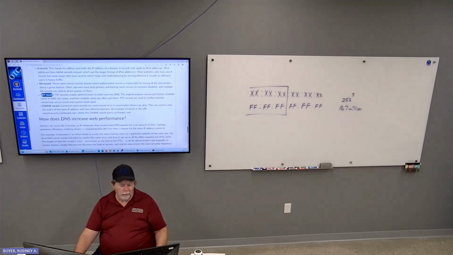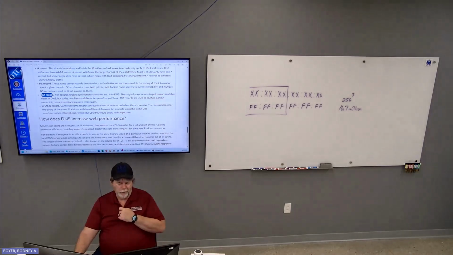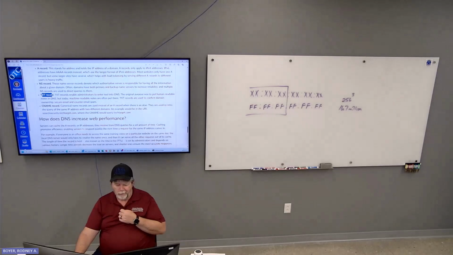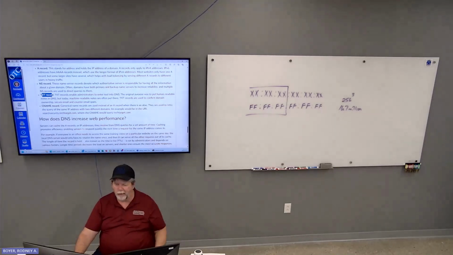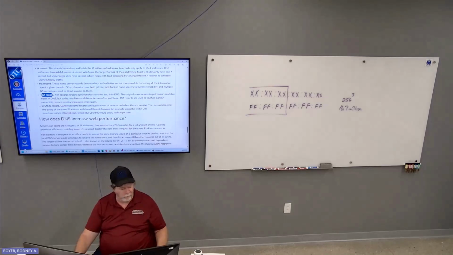A TXT record allows you to enter text into the DNS. The original purpose was to put human readable notes in DNS, but today machine readable notes are often put there. Used to confirm domain ownership, secure email, and things like that. It's pretty invisible to the end user.